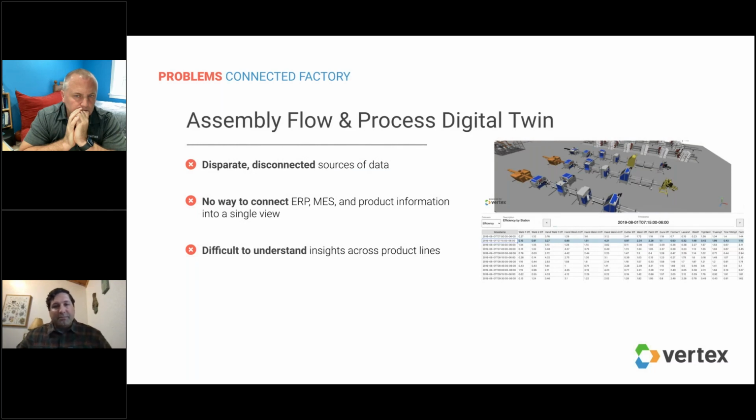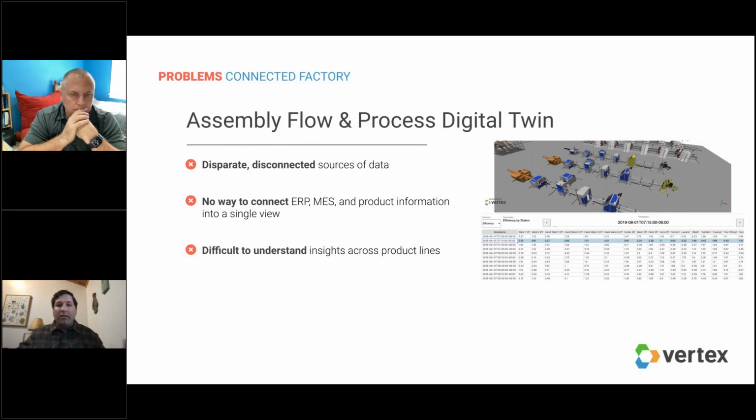Well, again, as Jim sort of hit on in the digital thread reality, when we get into this mode where we're trying to optimize assembly flow, we see, again, there's this disparate and disconnected data. You might have sensors on all of your equipment out on the factory floor. You might even have sensors across multiple factory sites, let's say within a region or perhaps globally.